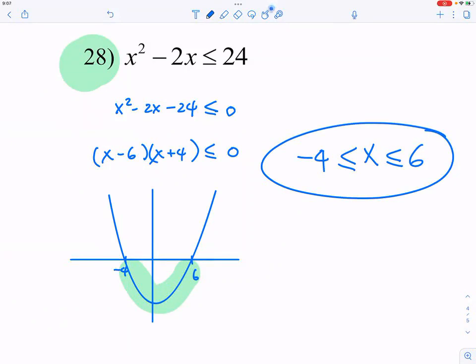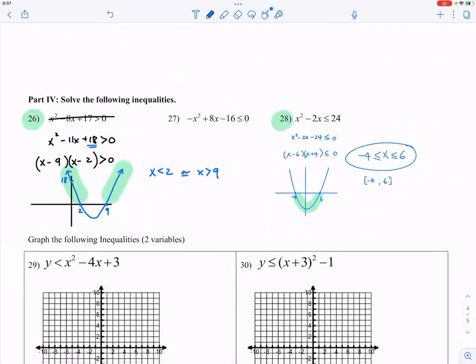You may also use interval notation if you want to, which is something like this. Since it is less than or equal to, then you use the bracket. Okay, that's question number 28.